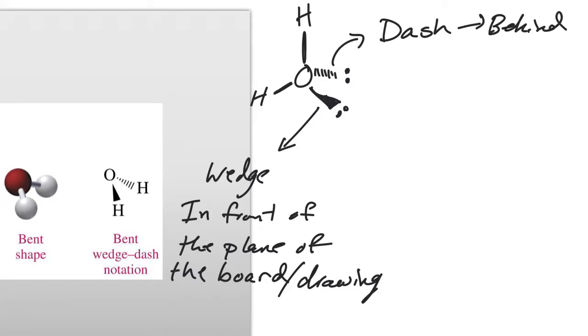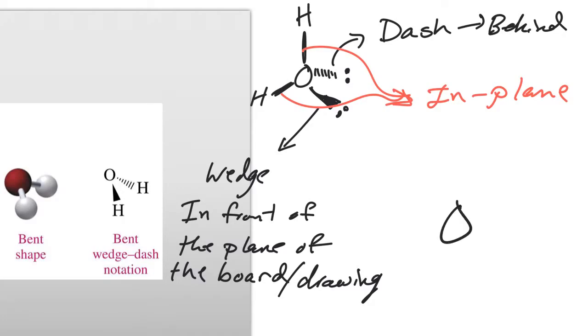The other two are in the plane. All right, so we have that. The bond angles are 109.5. Now, just to explain that, if I draw it again in a different orientation, I can put the dashes and the wedges up here. It doesn't really matter.